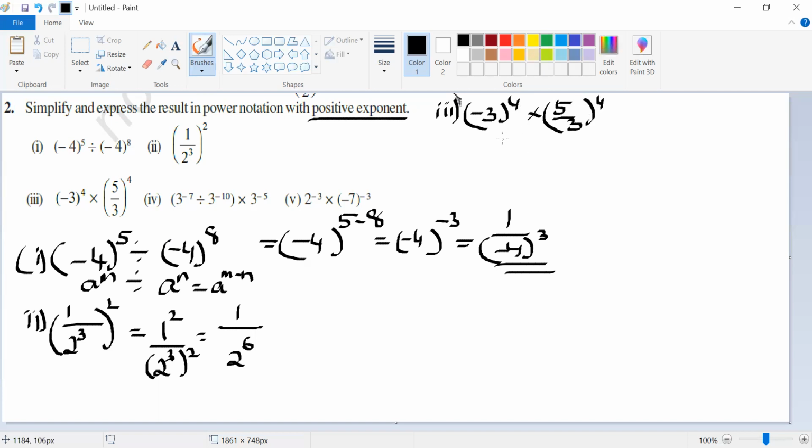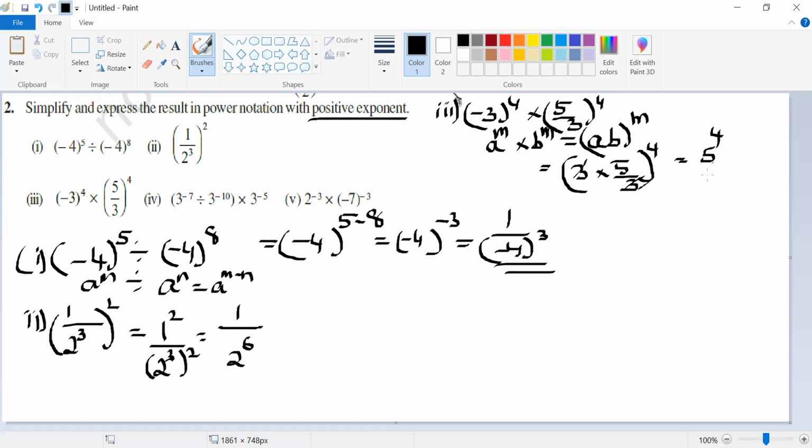This is of the form a raised to m into b raised to m, which is equal to a into b whole raised to m. So I can write this as minus 3 into 5 by 3 whole raised to 4. So this 3 and 3 got cut. So the answer will be 5 raised to 4.